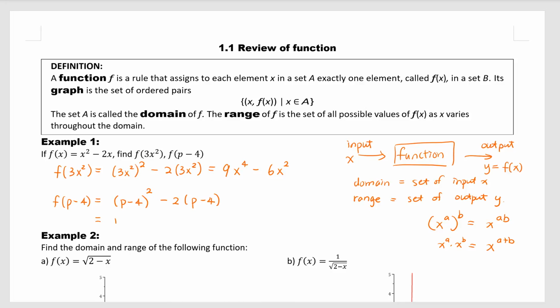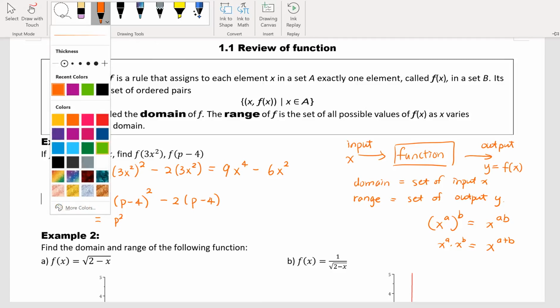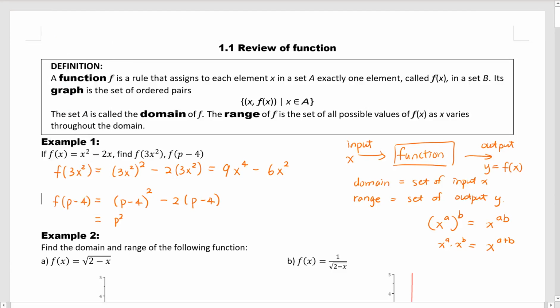If we multiply out, well, what is p minus 4 squared? Is it p squared minus 16? A lot of students make this mistake, okay? So I really want to remind you again. A plus b squared is a squared plus 2ab plus b squared.